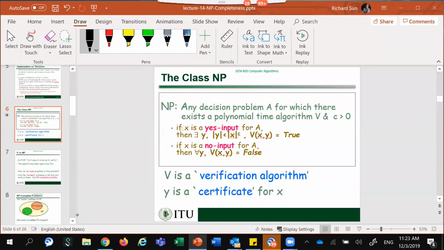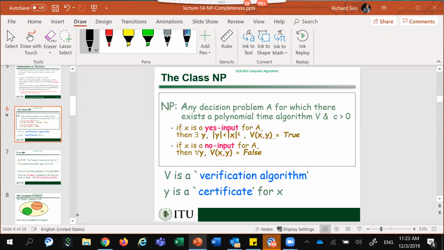This polynomial time algorithm takes this problem instance, whose answer is yes, and this guess y, and verifies that this y is exactly the solution that gives x the yes answer.